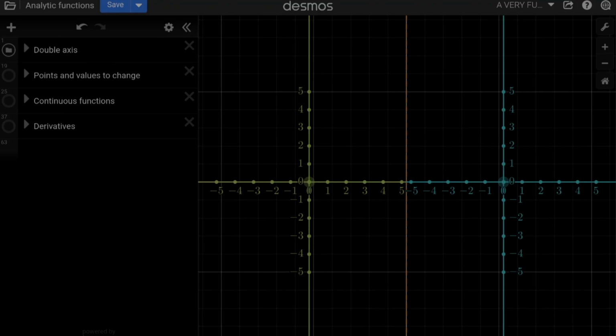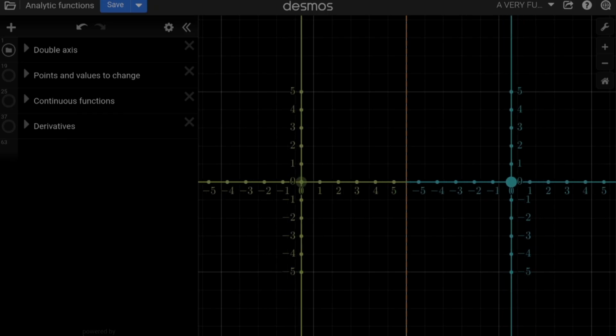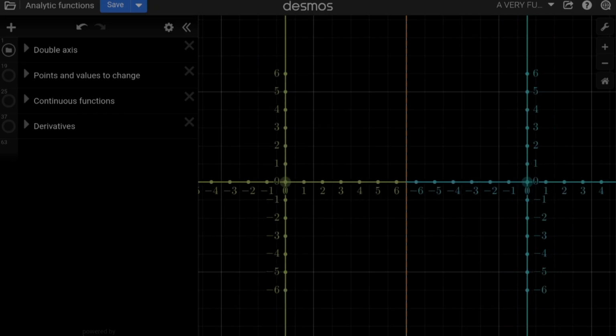So here is a Desmos file, and the link, as always, will be in the description. So we have our axes, and we can move them. On the left axis, we will have our input, and on the right axis, we will have the output. So the values that the input is mapped to by our function f.